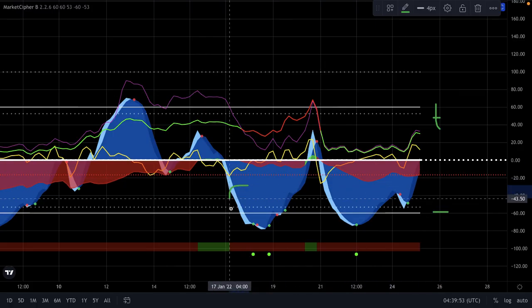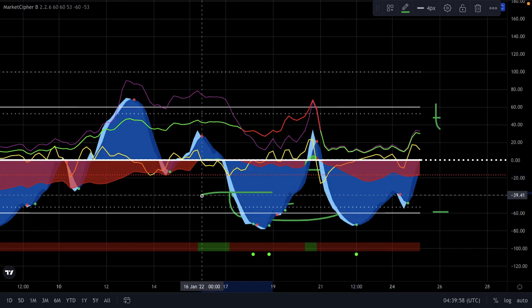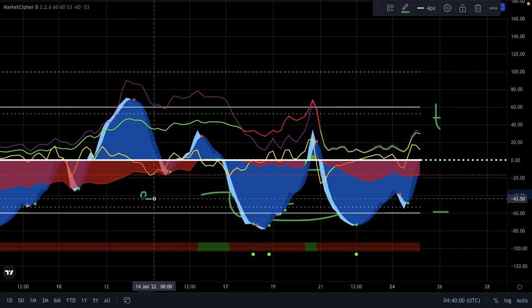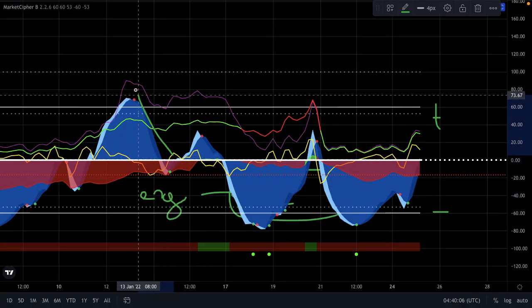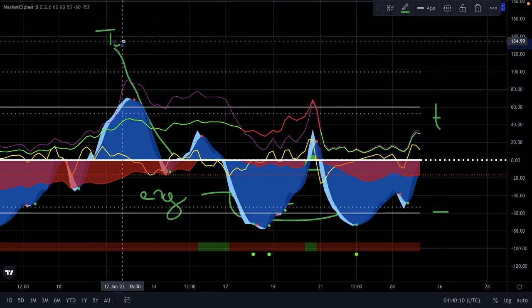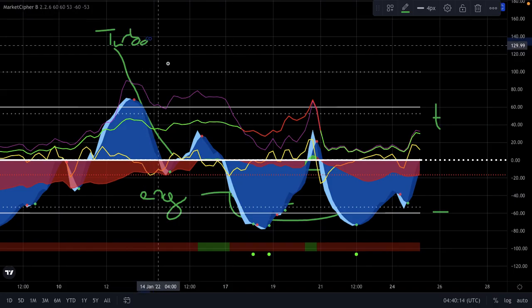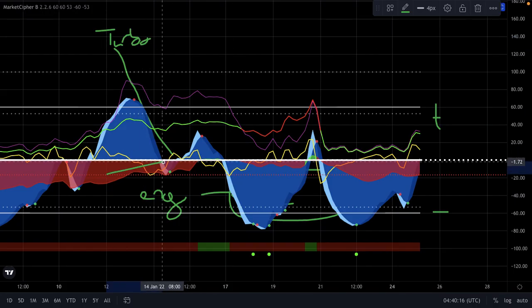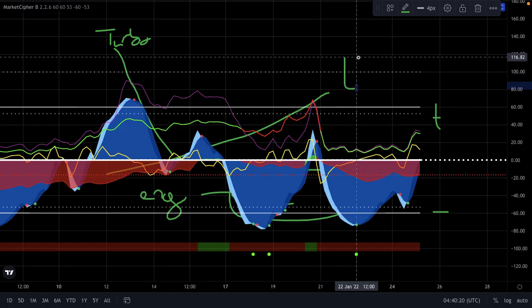This light blue and the deep blue is basically my engine, and my VWAP is my table. You understand? This is my table. This is the yellow line that we talked about earlier on, and my money flow is my liquid. Money flow is my liquid, meaning it's my gas or my fuel.